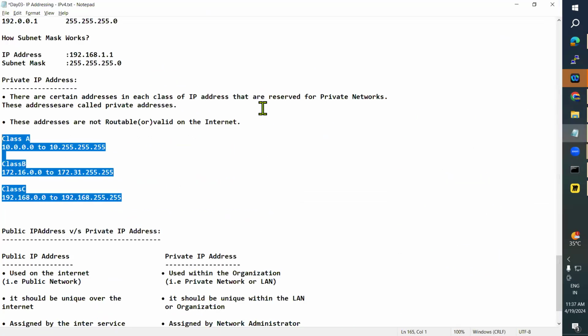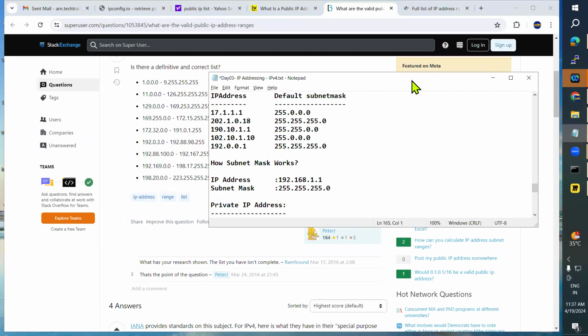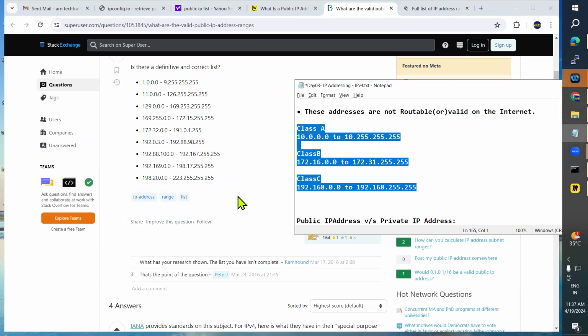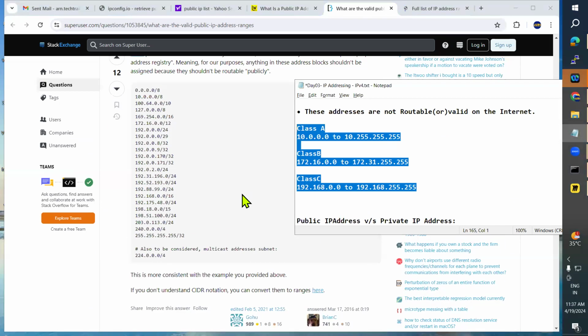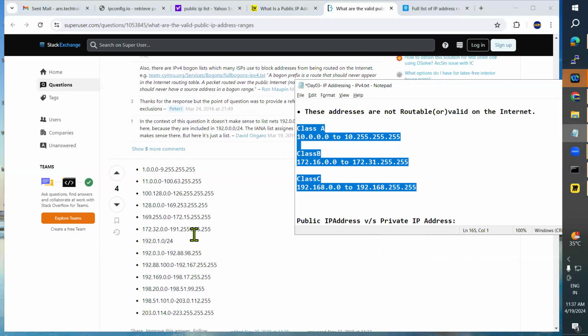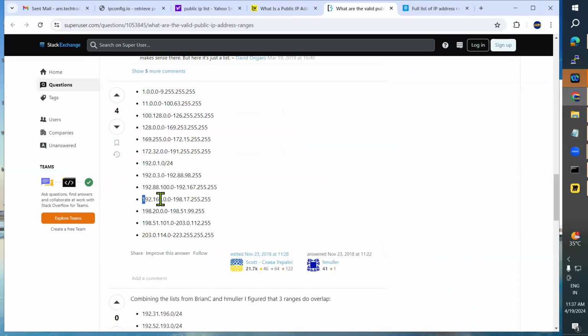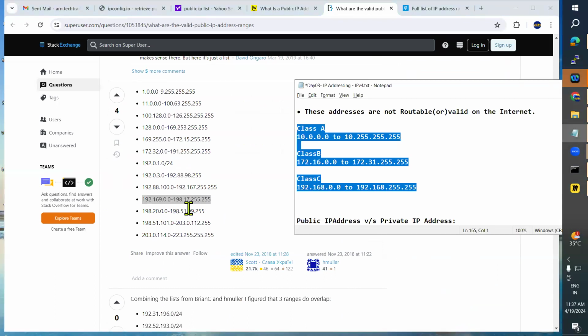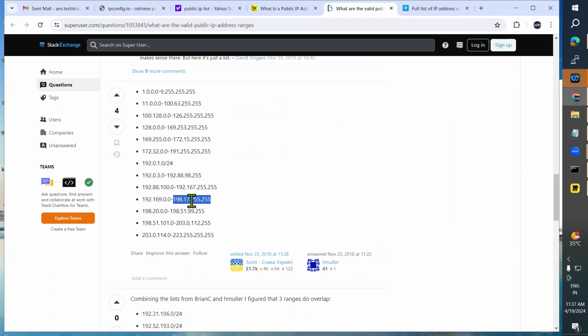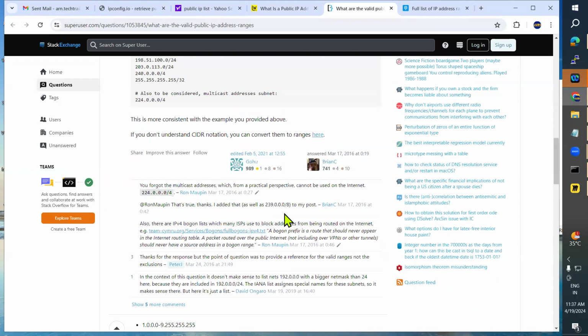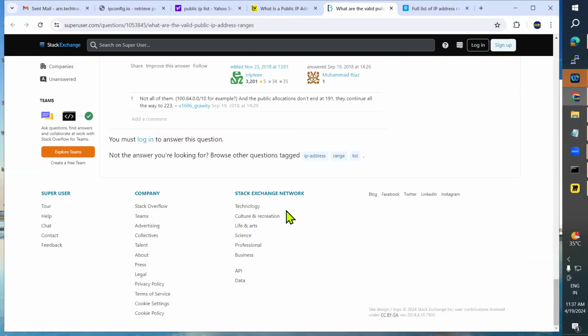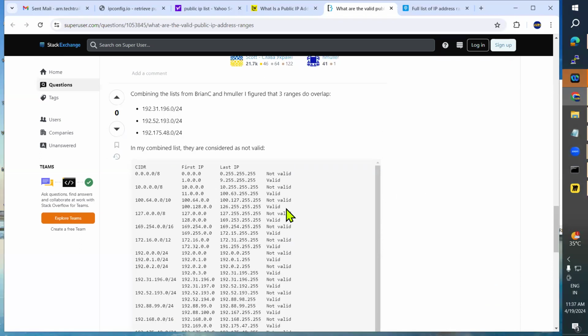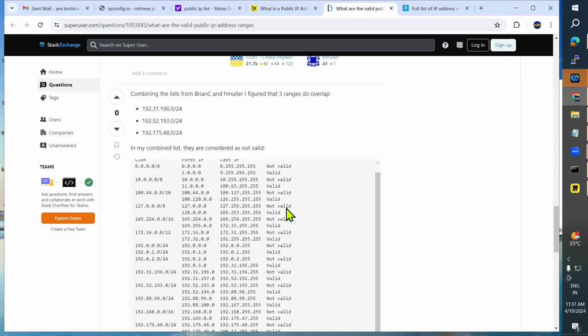See, if you keep the private IP addresses in your mind, you can simply say which is a public IP address. Is this a public IP address or a private IP address? Public IP address. See, 198.7 is a public IP address. Likewise, you can easily identify which IP address is private and which IP addresses are public.